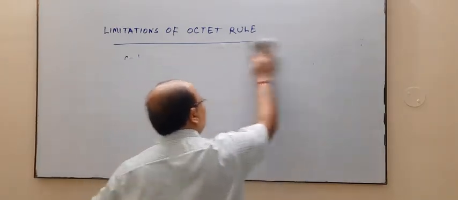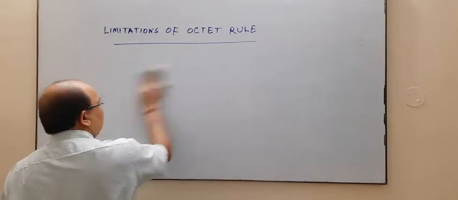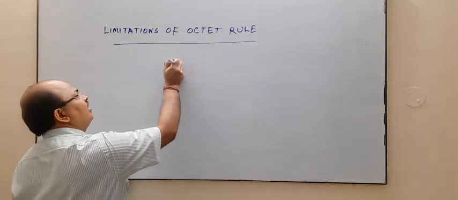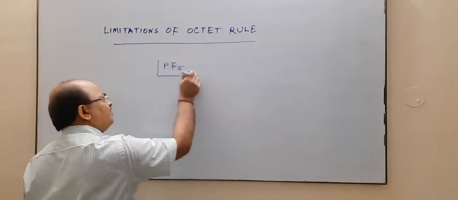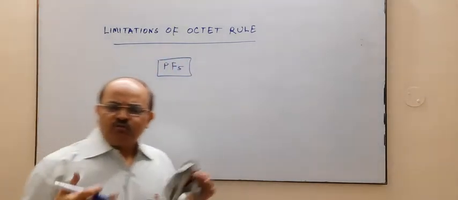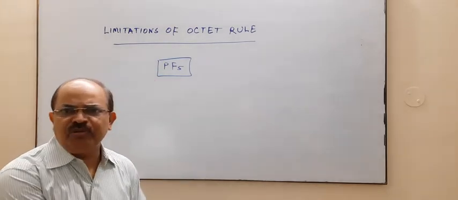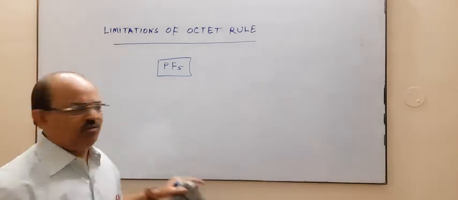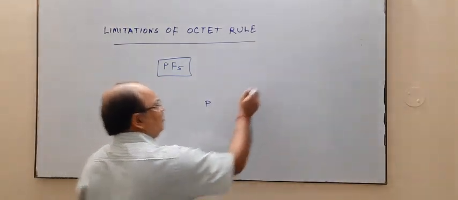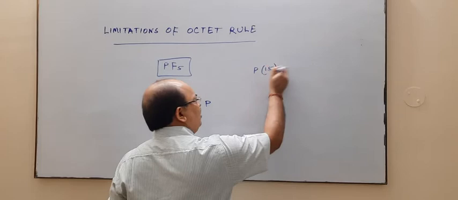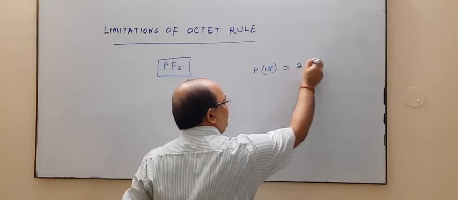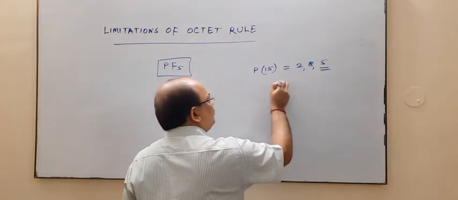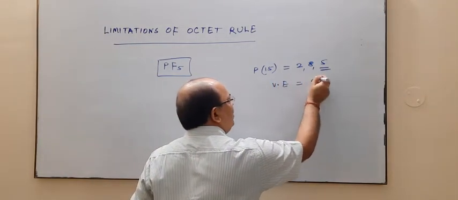फॉर एग्जाम्पल, if we consider PF5 और PCl5, जो सिचुएशन आपके PF5 में होगा the same situation will be in your PCl5 also. The central element is phosphorus. You know the atomic number of phosphorus is 15, so it is 285. तो phosphorus का वैलेंस इलेक्ट्रॉन हो गया 5.